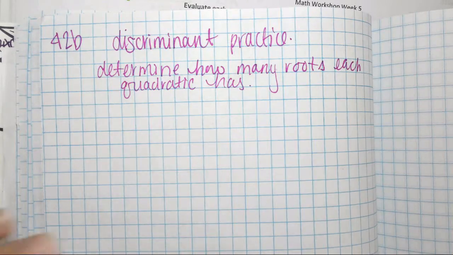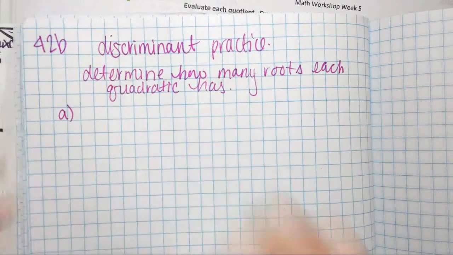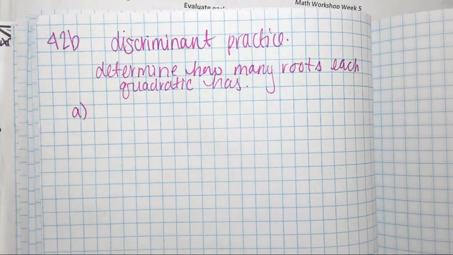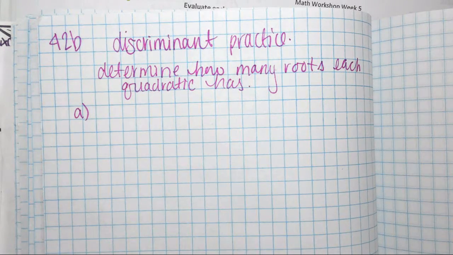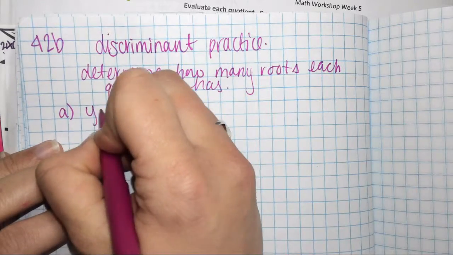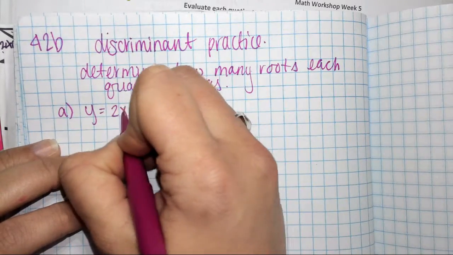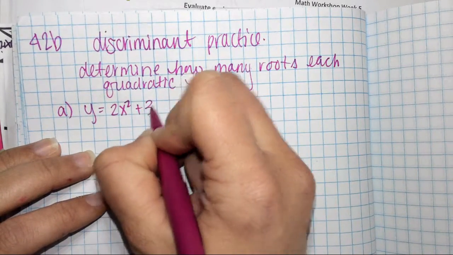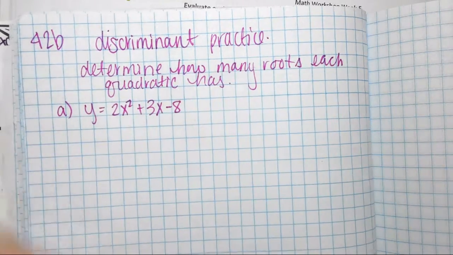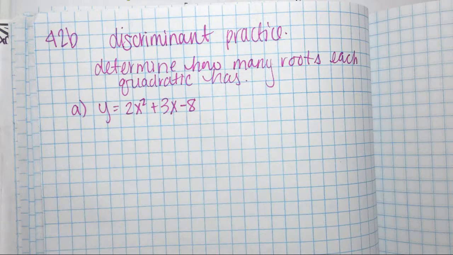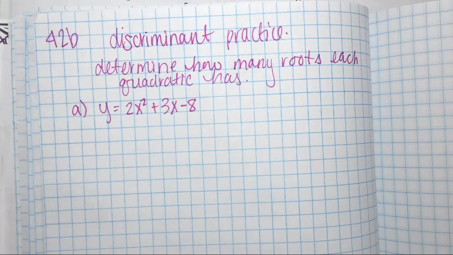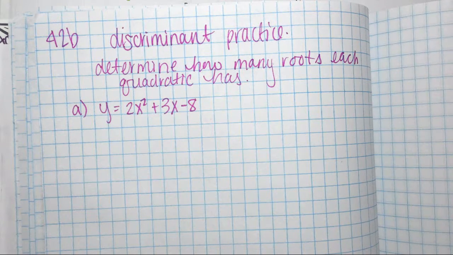All right, problem number 1. Are we ready? Y equals 2x squared plus 3x minus 8. Since we just did 3 together, I want you to try this one on your own.